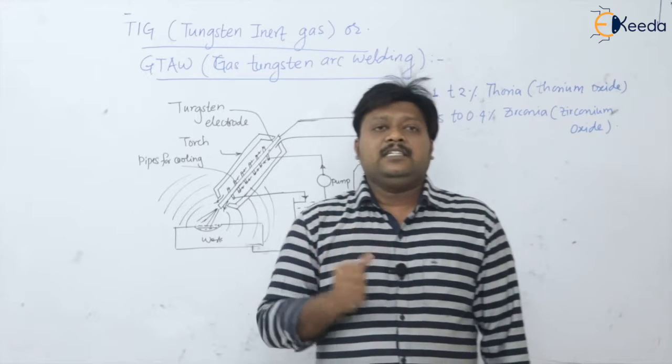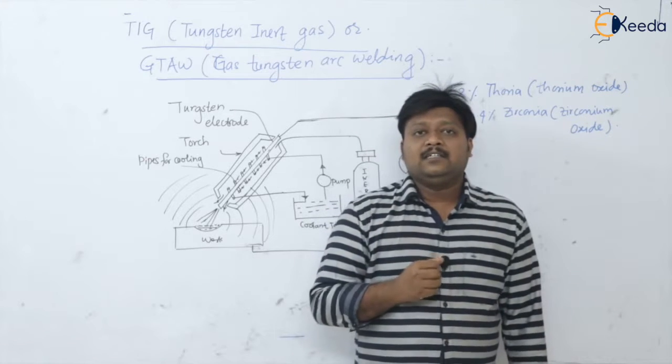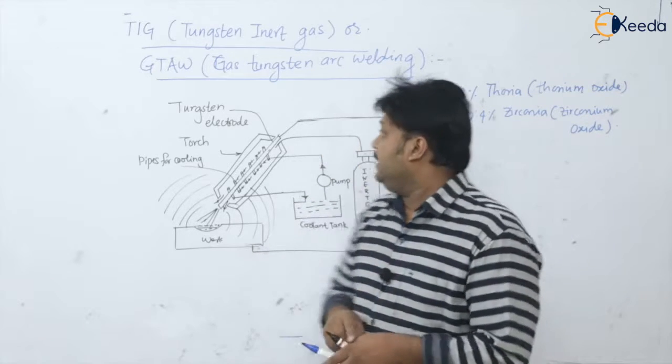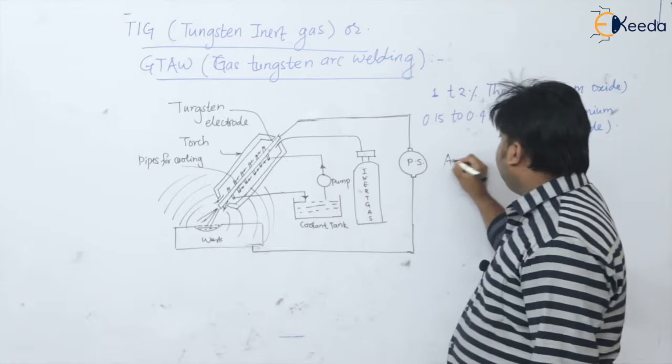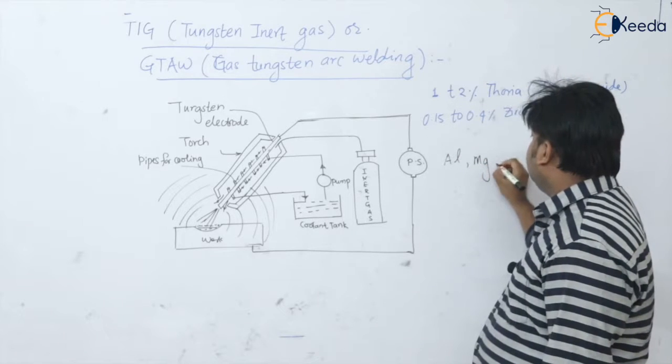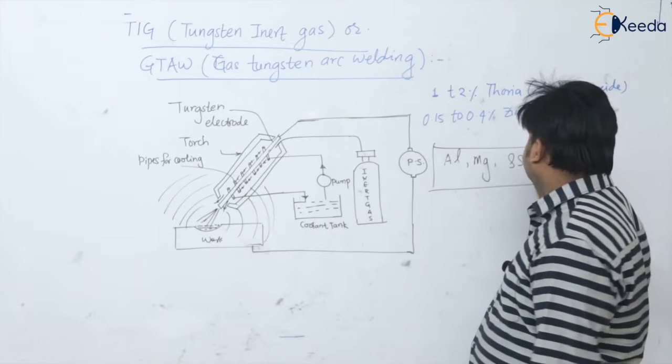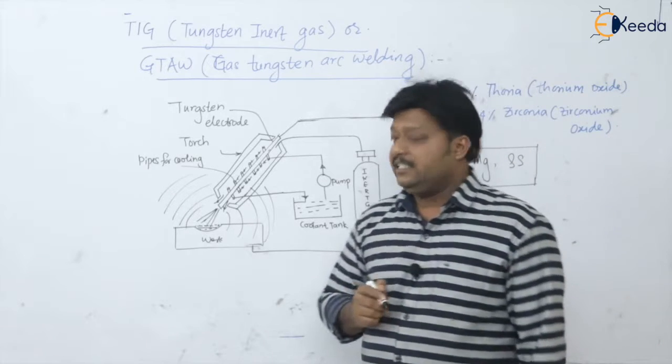These are the most widely welded materials by TIG welding. So which materials basically? Aluminum, magnesium and stainless steels, most commonly welded by this TIG weld.